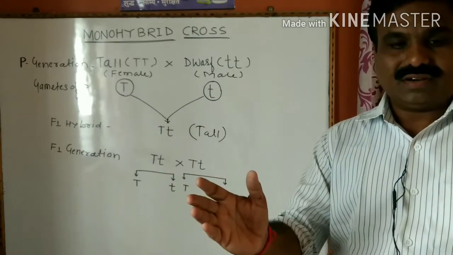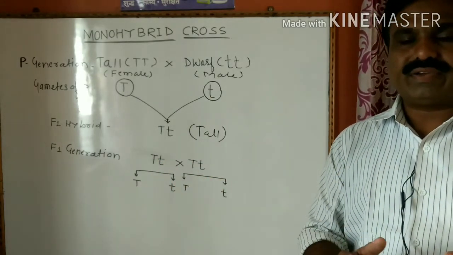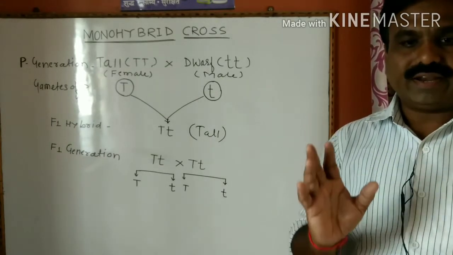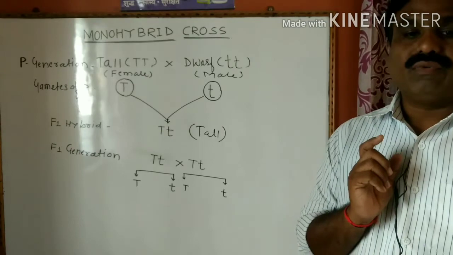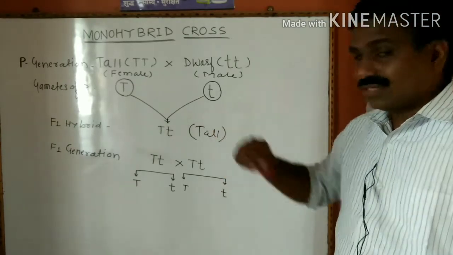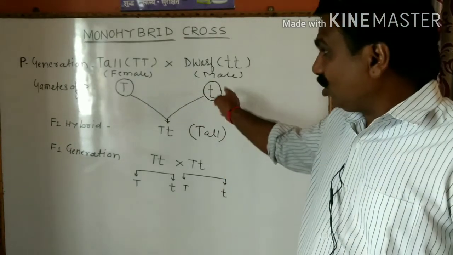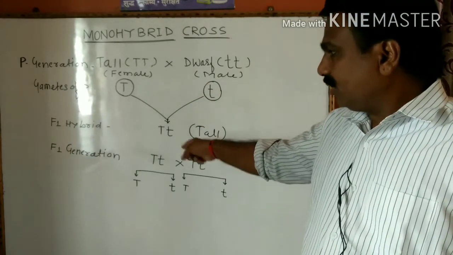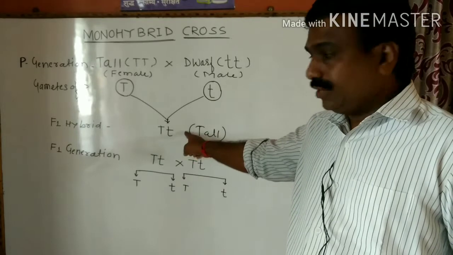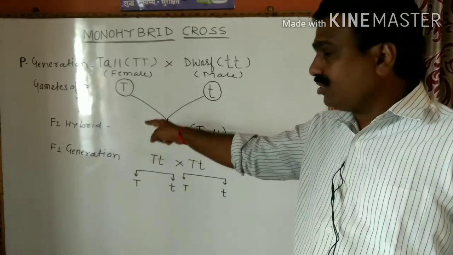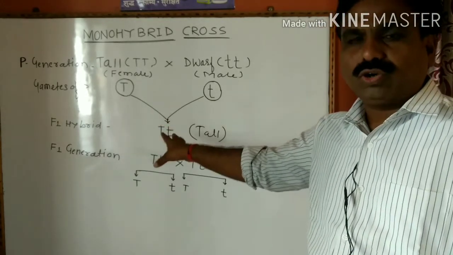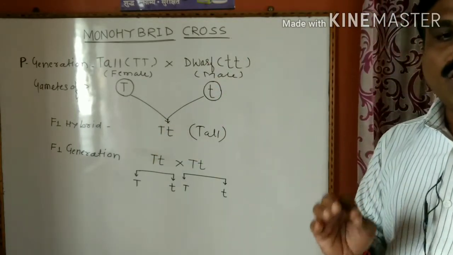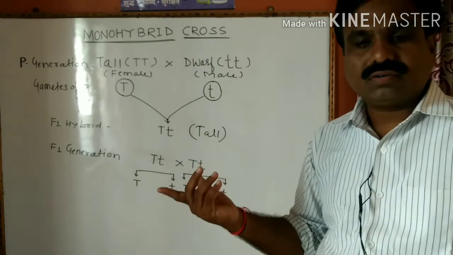All the plants appeared tall. After the artificial cross, all the offspring, the F1 hybrids, were tall. He started thinking: where has the dwarfness gone?